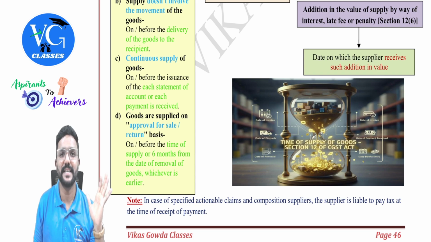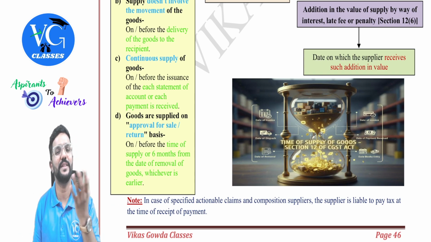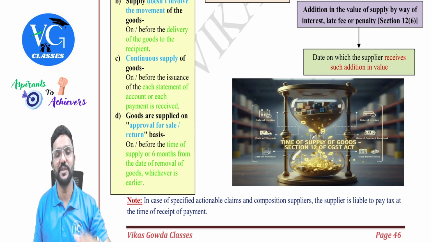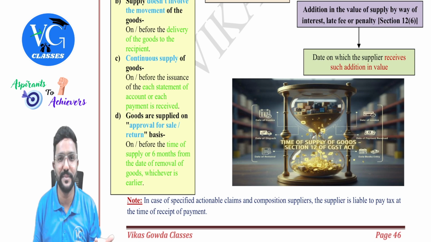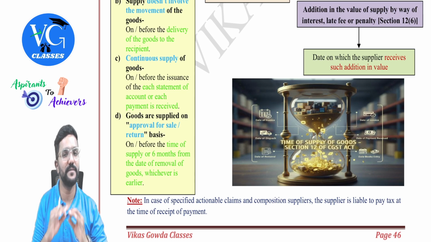It is treated as supply and I have to issue invoice for it. Got it? Because even government is feeling no fool will give more than 6 months time. The standard time is like 1 week, 2 week, 1 month, 2 month maximum, guys. Not more than that. Even in a genuine case, if supplier is giving more than 6 months time, the law is telling at the end of 6 months, we consider it as supply.